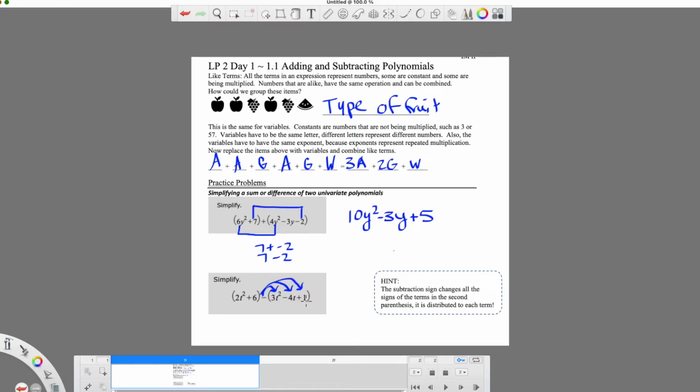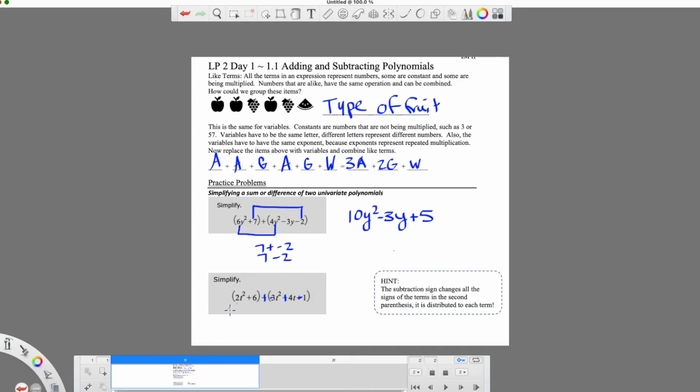And what it's going to do is flip all the signs. So this is going to go plus, this is going to go negative, plus, and this is going to turn into a negative sign. So all the signs flip, and I turn that into a plus sign because I'm giving it away. That's kind of a simplified explanation of what I'm doing there, but I'm distributing it, okay?